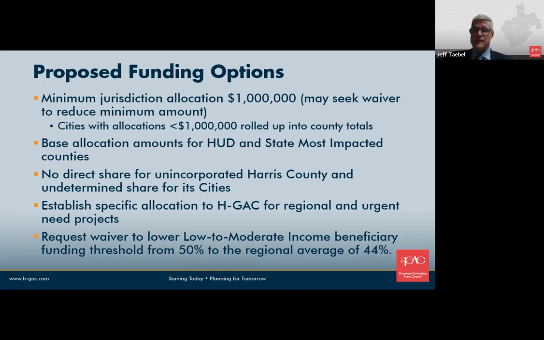I want to make clear this would be funding that does not stay at H-GAC, but that we would pass through to projects that either were larger, multi-jurisdictional in nature, or specific urgent needs, perhaps for smaller jurisdictions that would not get a direct allocation or be able to solve some of their urgent mitigation issues with the funds received through our formula.